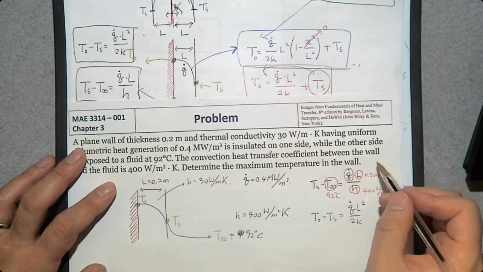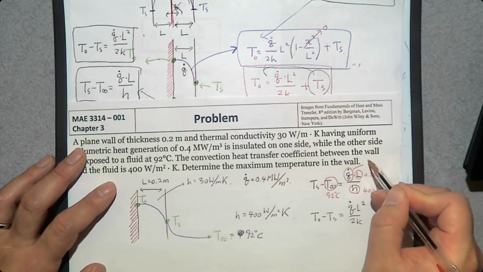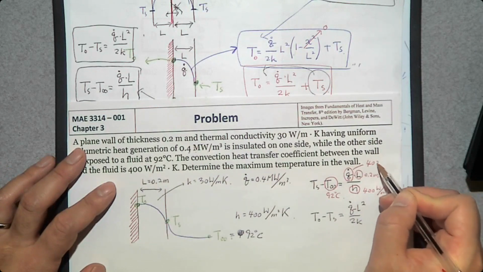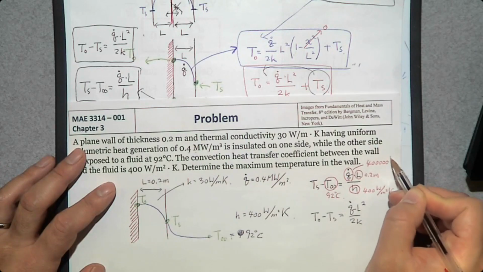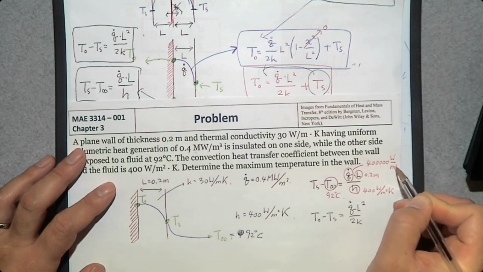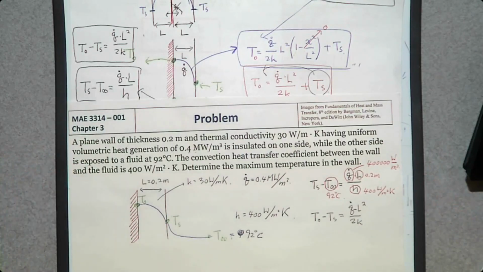So 0.4 megawatt is 400,000 watt per cubic meter. Then you can determine Ts. What is Ts then?